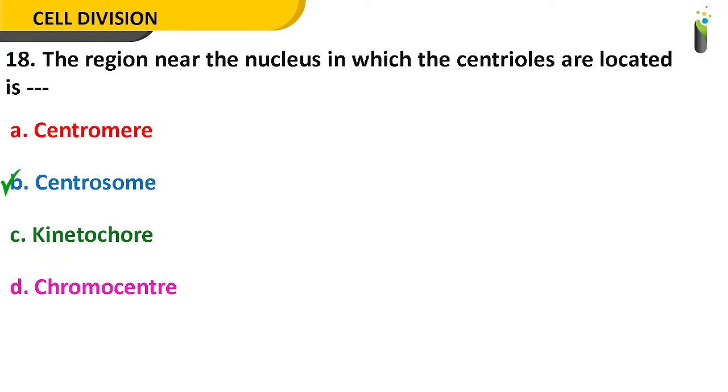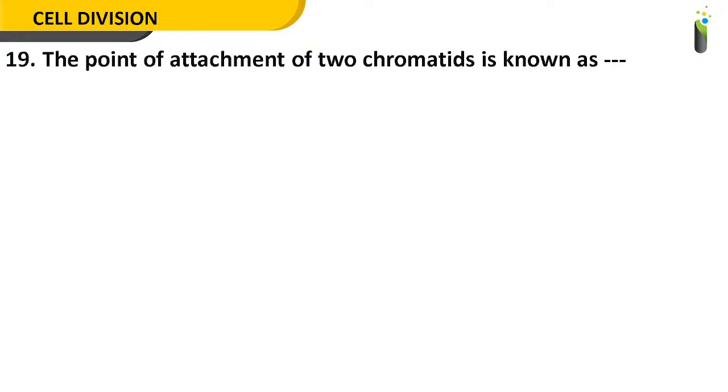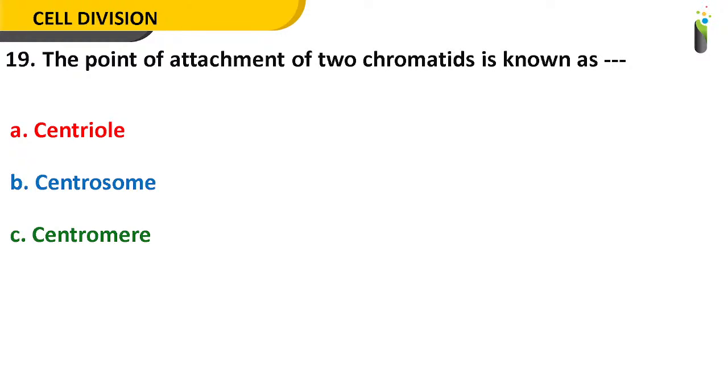Okay, coming to the next question, number 19. The point of attachment of two chromatids is known as dash. A. Centriole. B. Centrosome. C. Centromere. D. None of these.